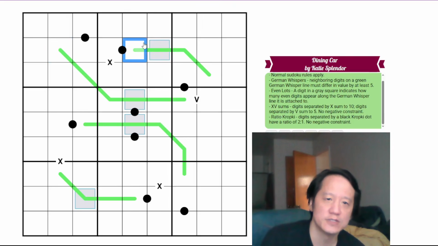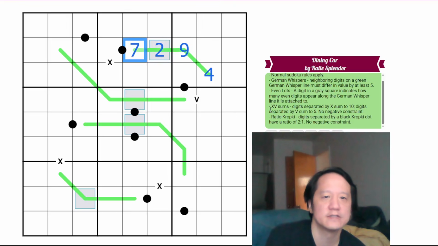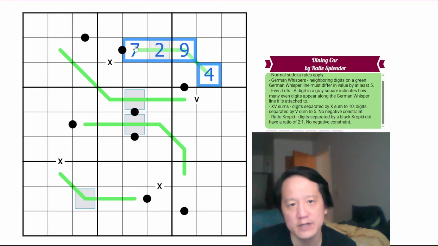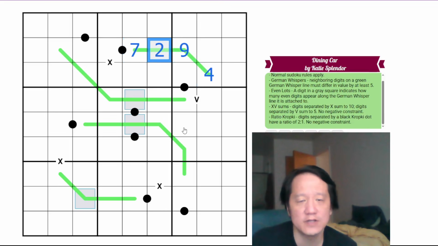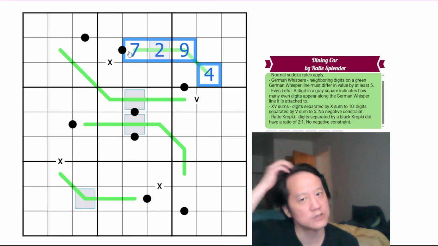Let's just use this one. This will be easier. So we have 4, 9, 2, and 7. And this would be valid because the even lot here, the digit in the gray square, indicates how many even digits appear along this whisper 5 line it's attached to. So that's an example of how the even lot works.